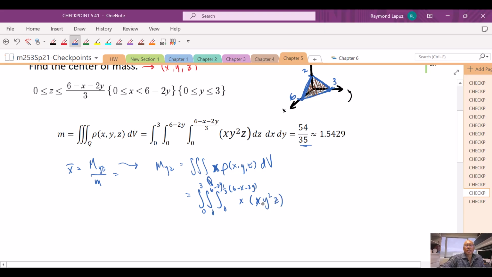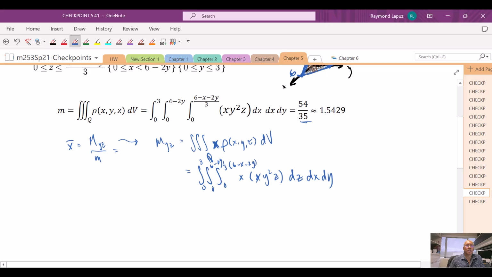So it's going to be x times (x y squared z). Of course, you can multiply that out if you want. This is in the order of dz, dx, dy, just copied directly from the mass. Okay, so we need to figure this out.